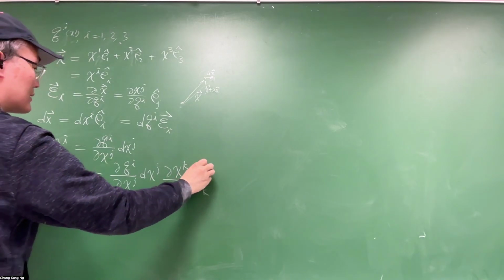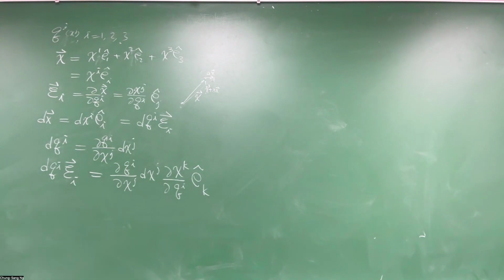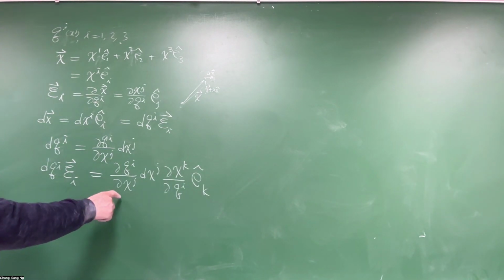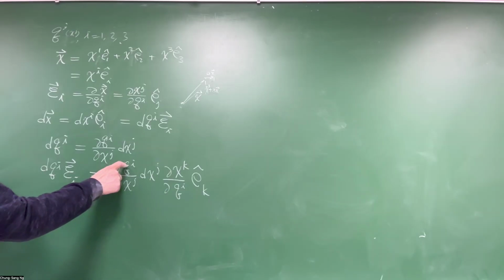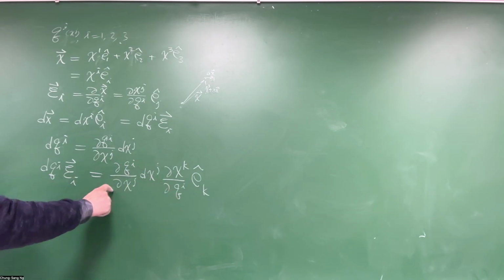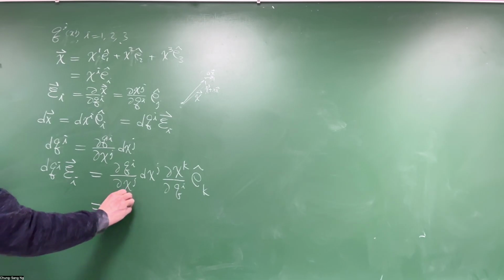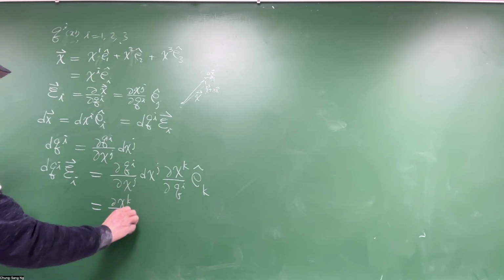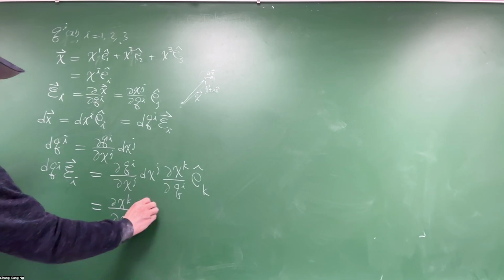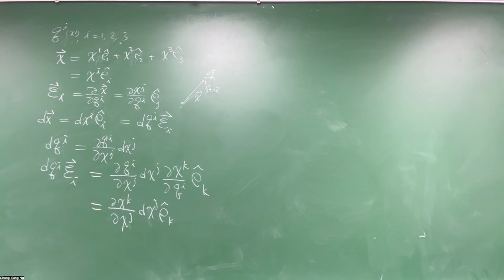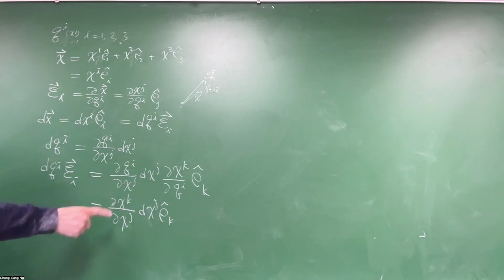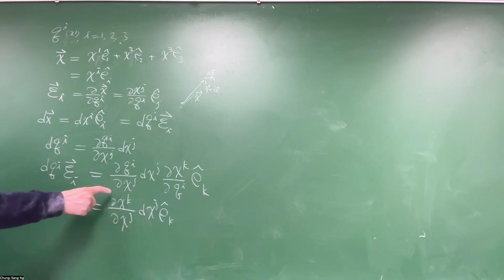Now we realize that this is the sum over i. This is like the chain rule, and that becomes partial q_i over partial x_k, times partial x_k over partial x_j. But combining these two factors gives this one, because that's how you do the chain rule for partial derivatives.